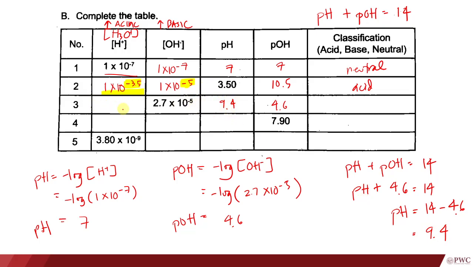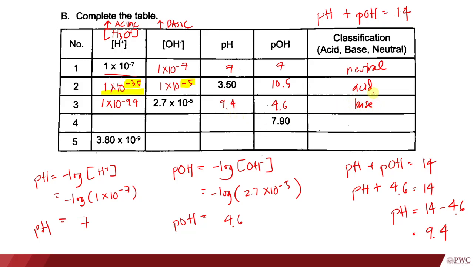And then to find out the H plus concentration, the same format, 1 times 10 to the power of negative 9.4. The pH here is 9.4, and that's above 7, so this one is a base.